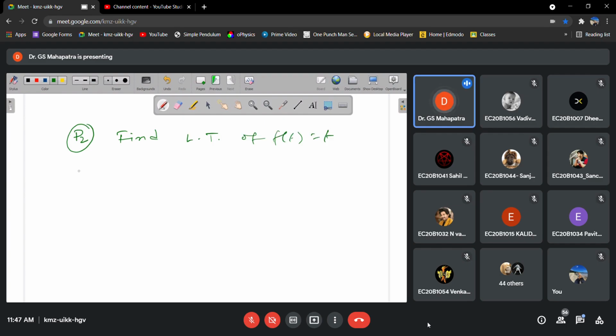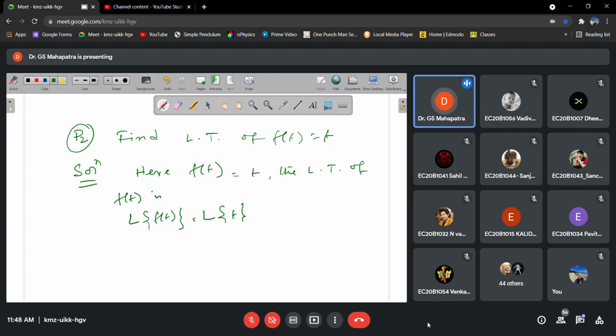So now the solution. Here f of t is a given function, equals t. The Laplace transform of f of t, L of f of t equals L of t, is the integral from 0 to infinity of e to the power minus st times f of t dt, as per the definition.